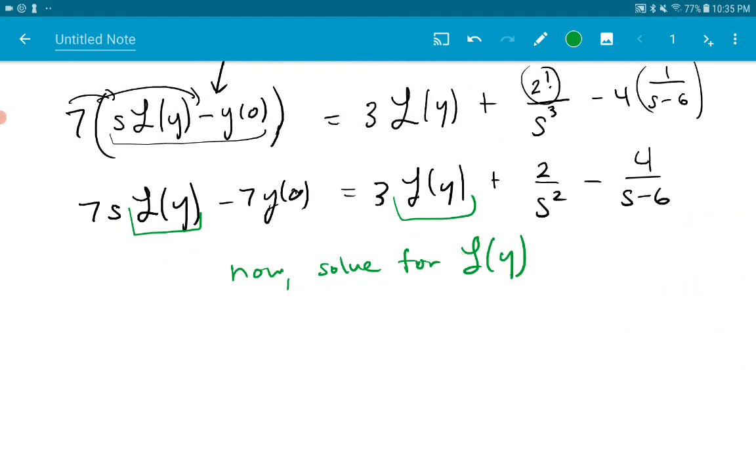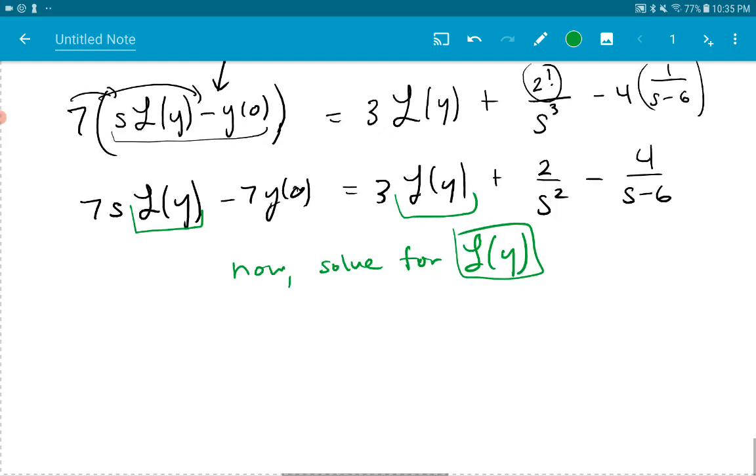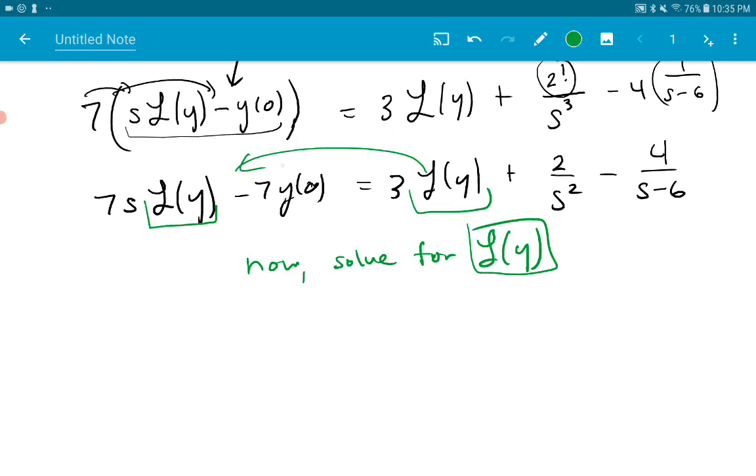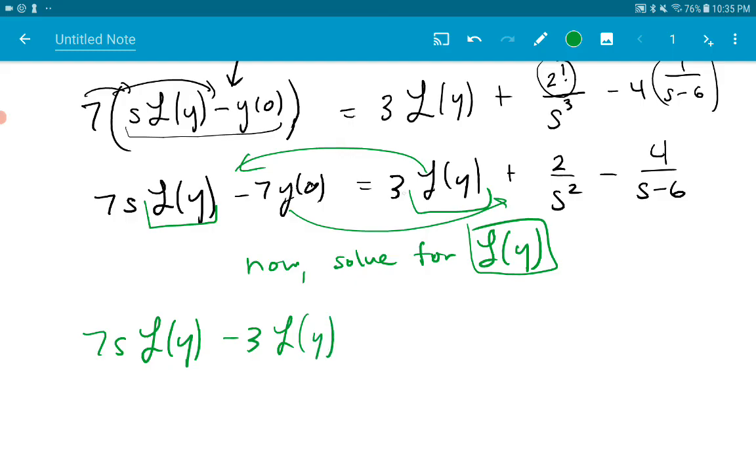to solve for the Laplace transform of y, to get that by itself. So we bring this term to the other side and bring this term to the right side. So we're going to get 7s times the Laplace transform of y minus 3 times the Laplace transform of y, because I had to subtract this over, equals 2 over s squared minus 4 over s minus 6 plus 7 times y of 0.